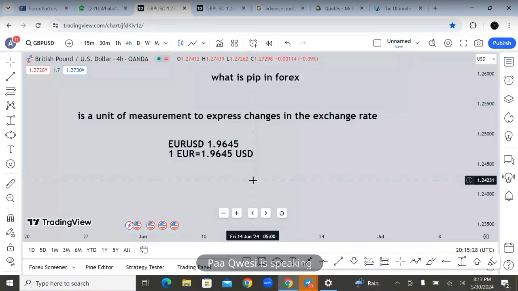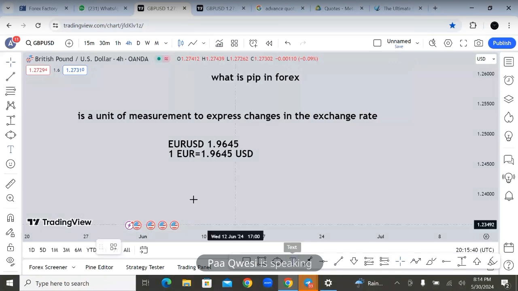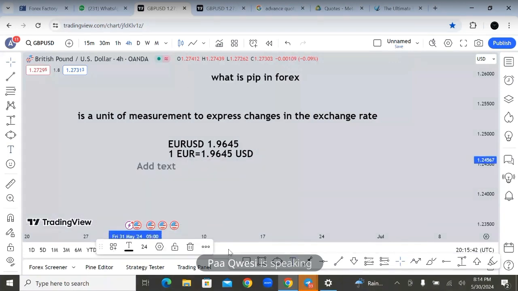The difference will be 1. So the 1 is expressed as a pip. That's what I'm talking of. Usually, currencies are quoted in 4 decimal places.